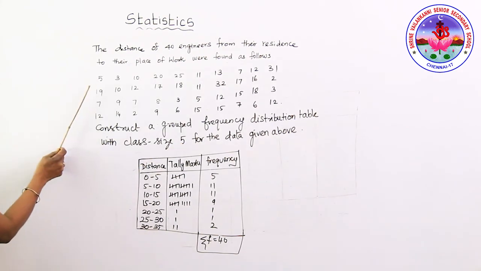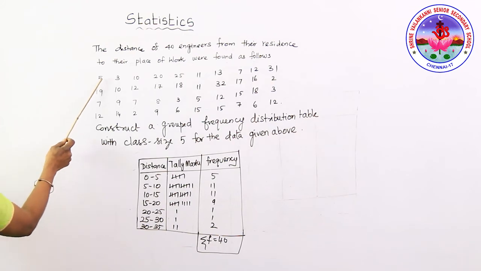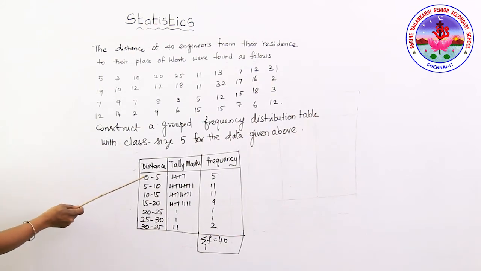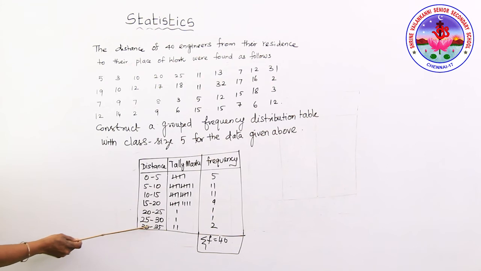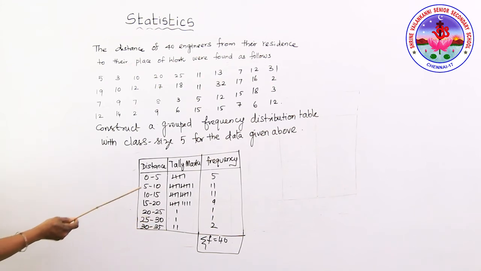Since it deals with kilometers, I am taking 0 to 5, 5 to 10, 10 to 15, 15 to 20, 20 to 25, 25 to 30, 30 to 35. In this interval, it has an equal difference of 5, so the class size will be 5.